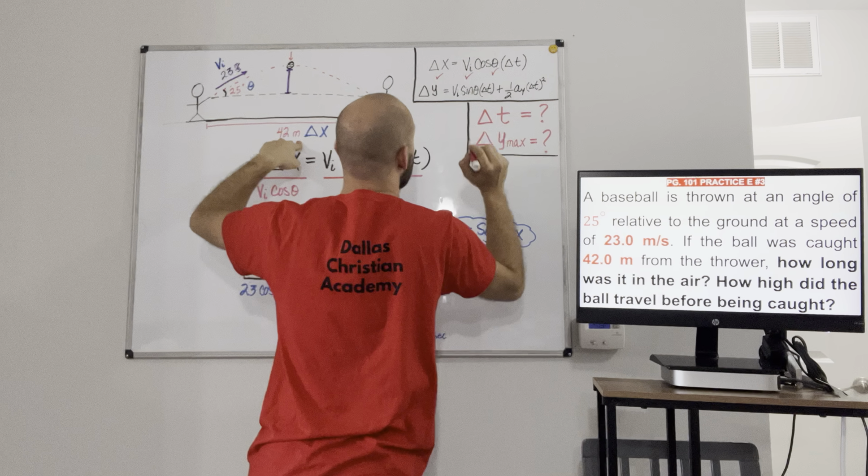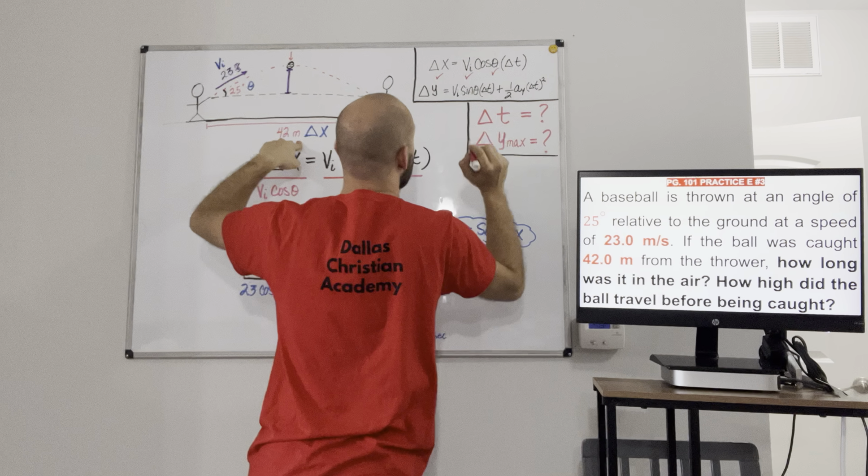And what I like to do is go ahead and solve for time first and then plug in. So if I have velocity times cosine theta times time, for me to isolate time, I'm going to divide both sides by velocity and cosine theta.